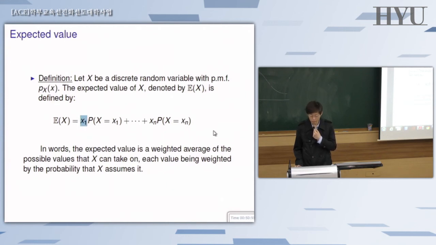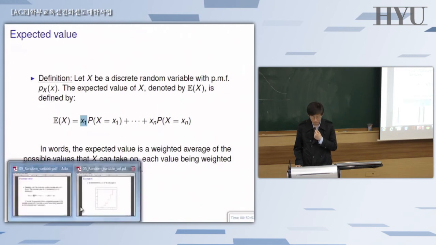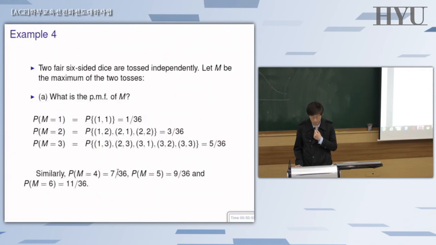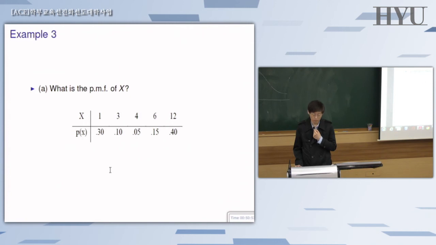That's expected value. So if you go back to any of those PMF tables, one of them was this one. Given these X potential outcomes and corresponding probabilities, which make up the entire PMF, first get the product of these two, save it, get the second product, third, fourth, and fifth, and add them all up.